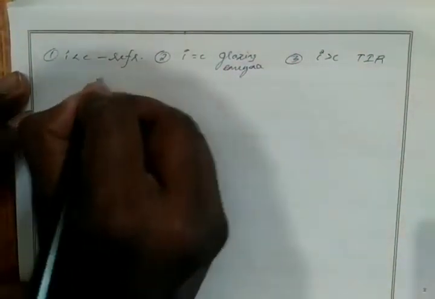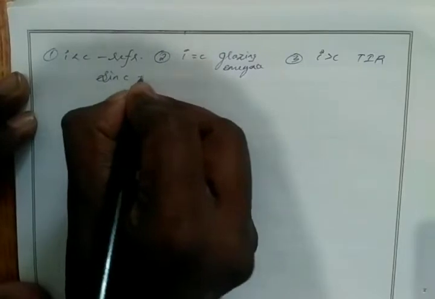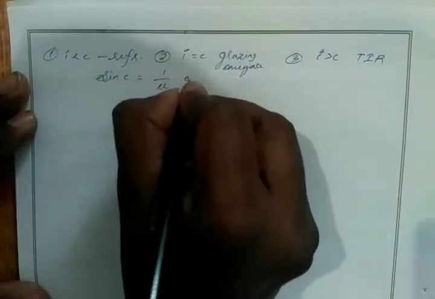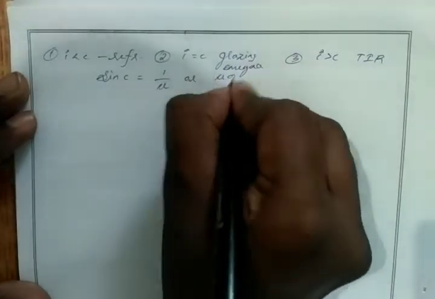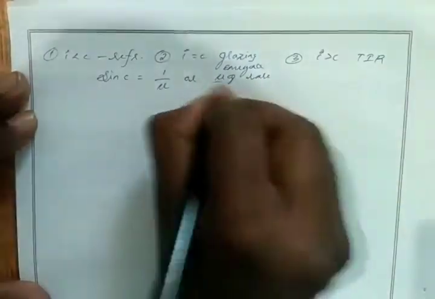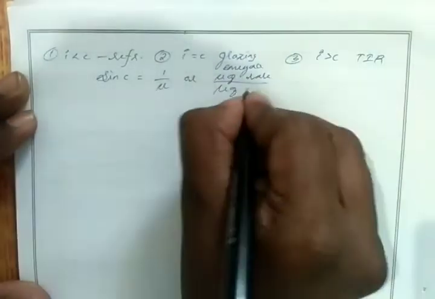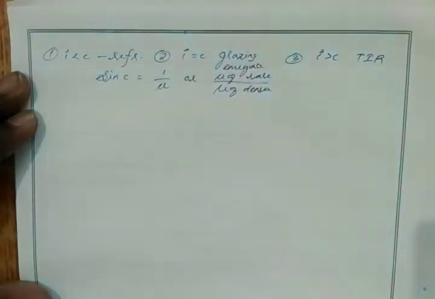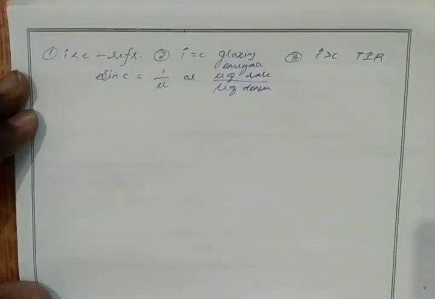Then write the formula sin C equal to 1 by mu, or mu of rarer divided by mu of denser, correct? Mu of rarer divided by mu of denser.